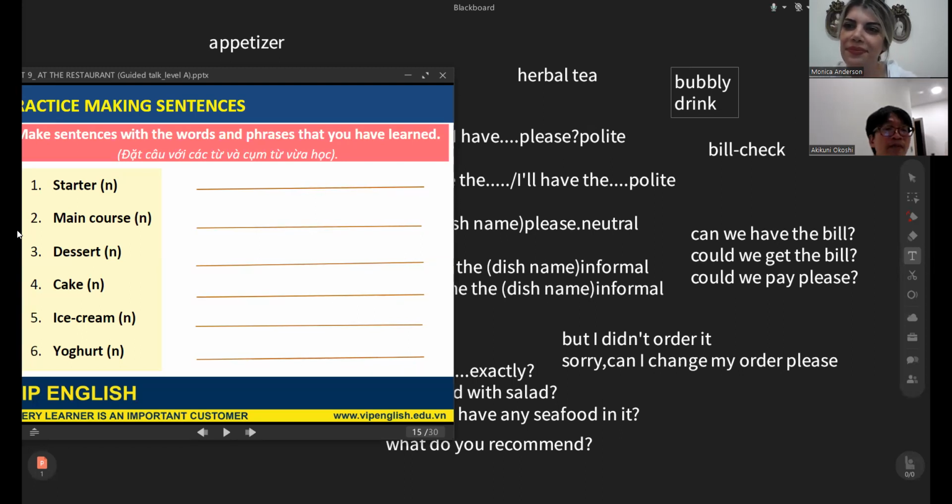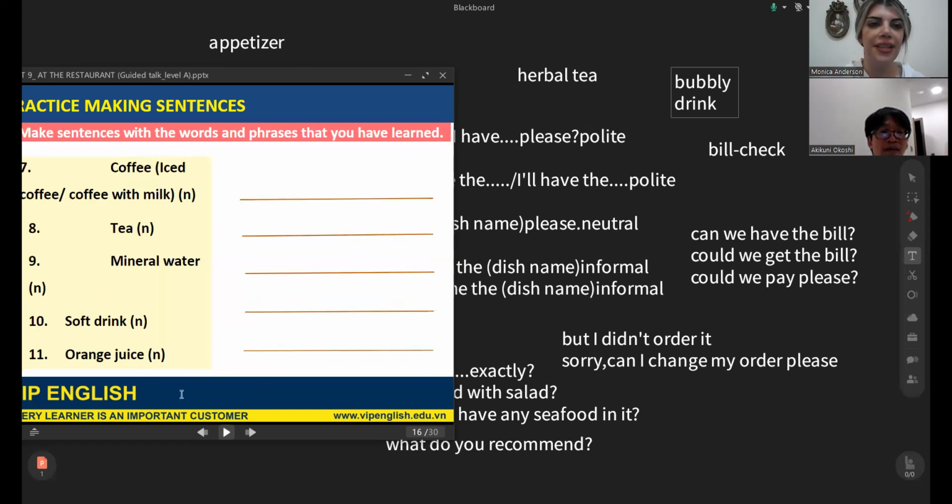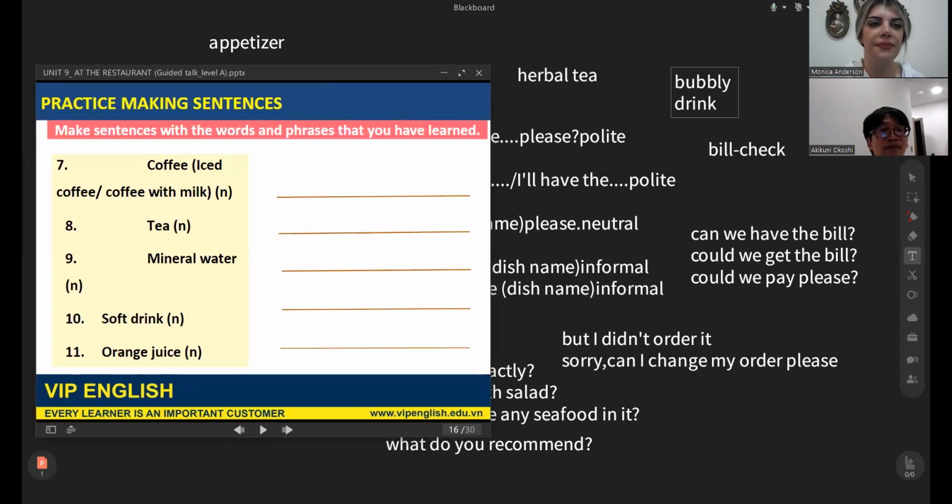Starter, main course, dessert, cake, ice cream, yogurt, coffee, iced coffee, coffee with milk, tea, mineral water, soft drink, orange juice.